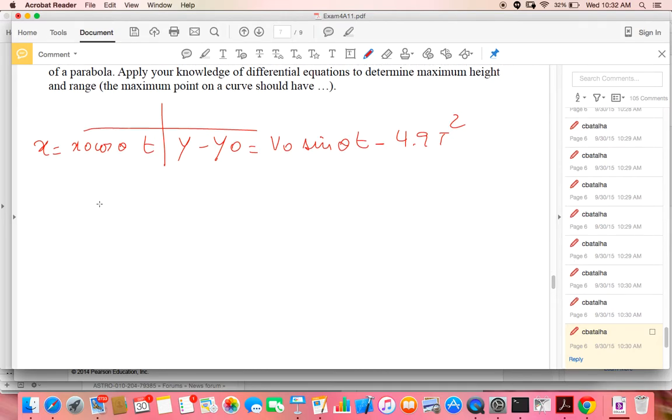And to find the maximal height, how do you find the maximal height of that equation? How can you do that? You take the time here. This is v naught cosine theta, right?